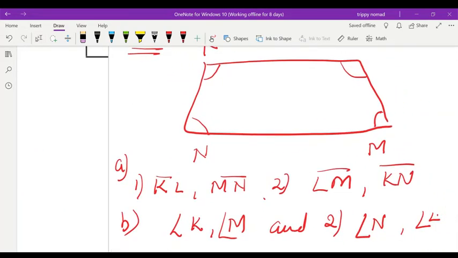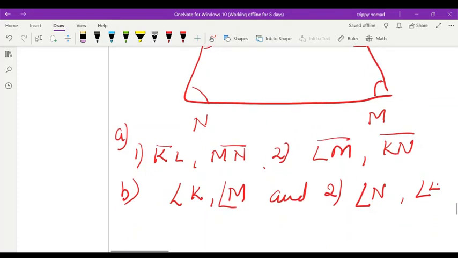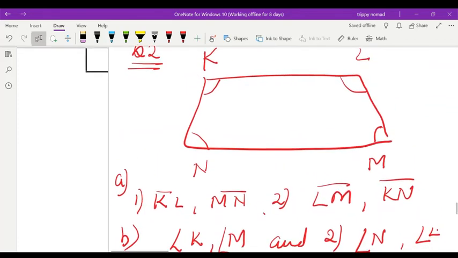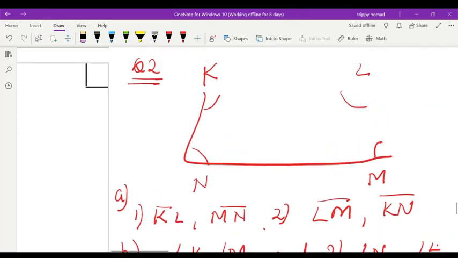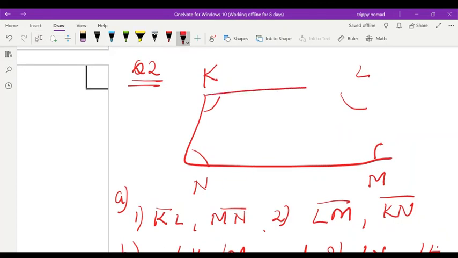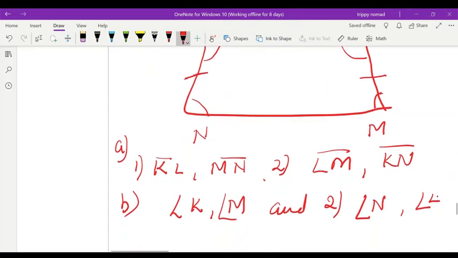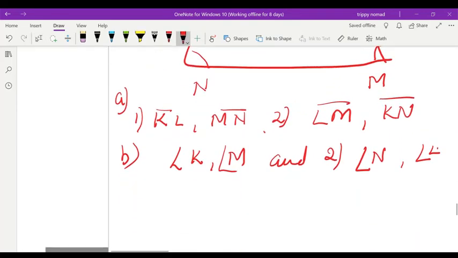If we are going to write, suppose KL, then adjacent to this KL will be LM, and also KN.